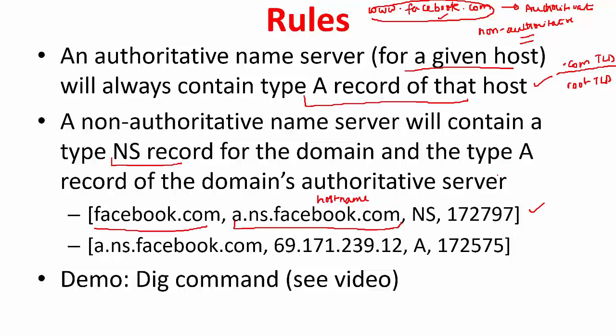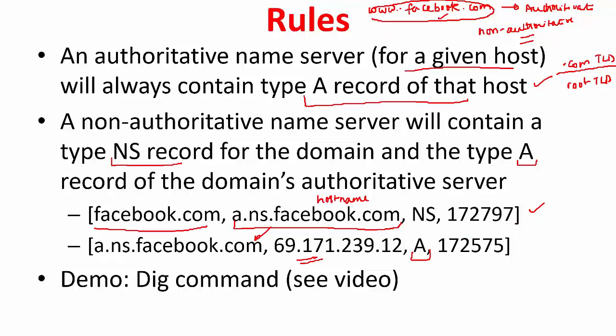It should also contain a type A record of this authoritative server. That is, it should also map what this host name maps to in the IP address. Why like this? It is because of the following reason.